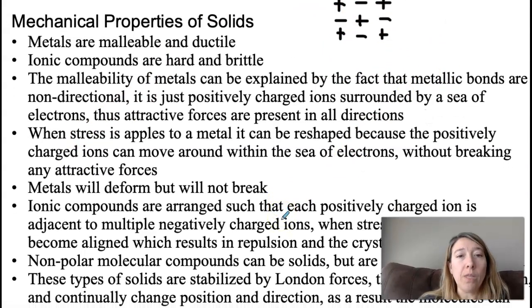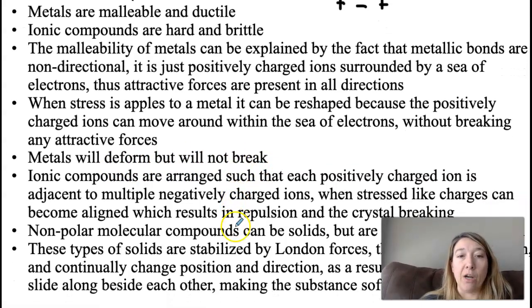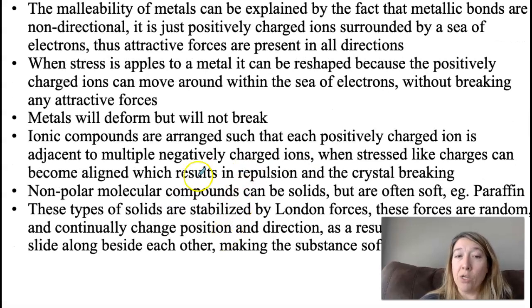So that's why we find that metals will deform, right? We can bend them, we can stretch them, but they're generally not going to break unless we specifically break them. But ionic compounds will.